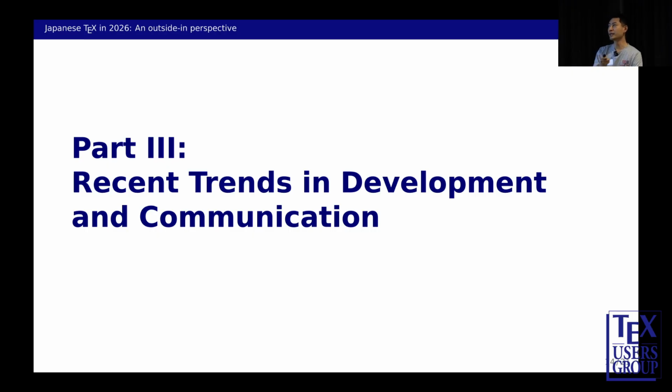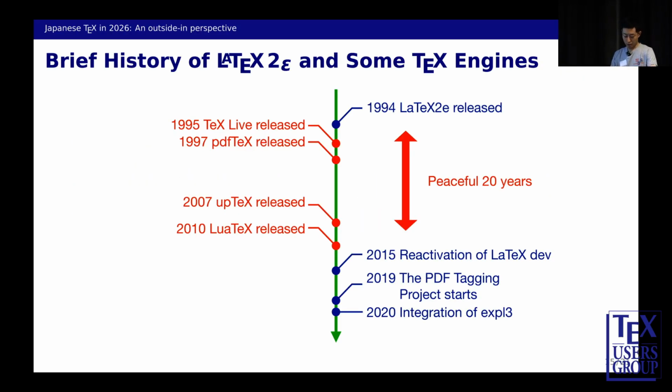For the last part, I'm going to talk about the recent trends and the problems in the Japanese TeX community. So this is, sorry, a very biased history of LaTeX3.